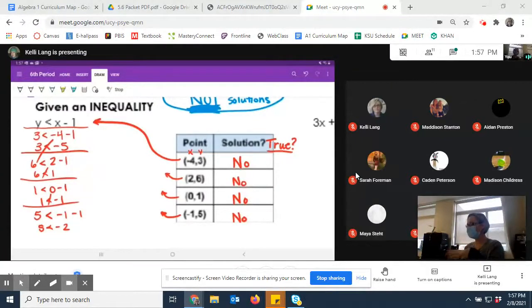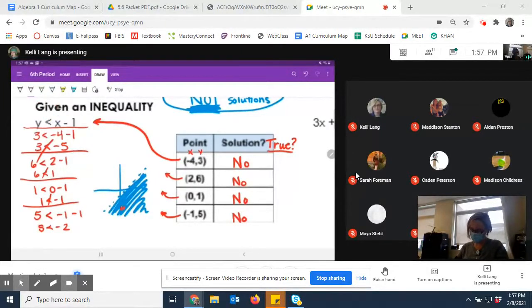I do want to clarify, though, this has nothing to do with the problem. This isn't like, oh, I guess this problem just doesn't have any solutions. No, if we were to draw this on a picture, it would look something like this. So literally, any point over here would be a solution.